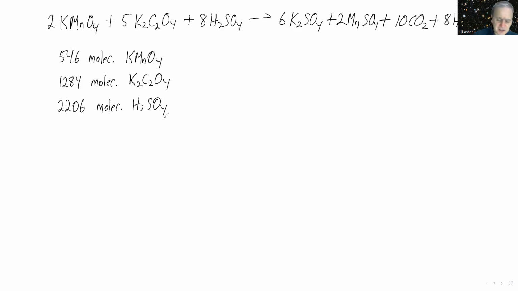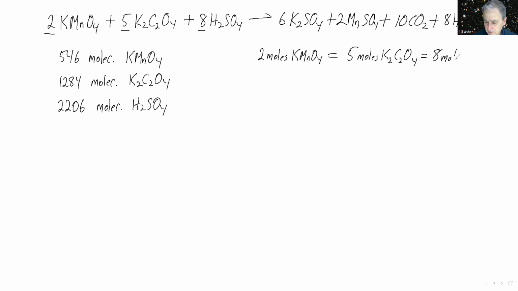Remember, these coefficients sort of have units with them. What they tell us is that for the reaction, 2 molecules of KMnO4 react quantitatively with 5 molecules of K2C2O4, potassium oxalate, and with 8 molecules of H2SO4.